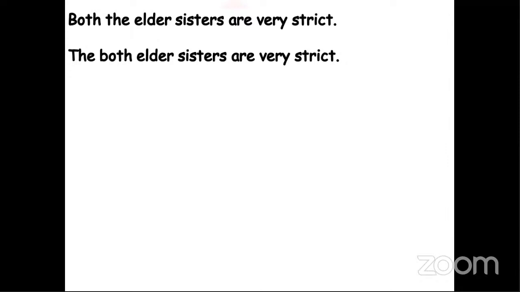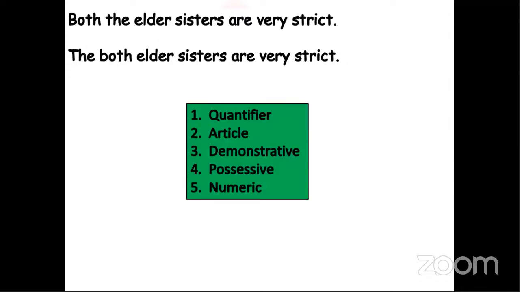But we know for the sentence to be correct, we have to first place the quantifier and then the article. Hence, the second sentence is not correct. But when we say both the elder sisters are very strict, then we have placed the quantifier first, which is followed by the article the. So the first sentence is correct.